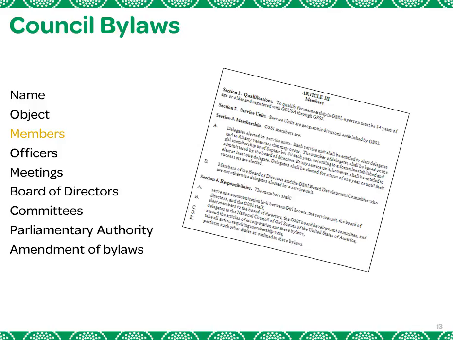The number of delegates per service unit is based on the girl membership as of September 30th of the prior year, according to a formula established and administered by the Board of Directors. Delegates elected by service units serve a term of 1 year or until their successors are elected. Only GSSI members are eligible to vote at the annual meeting.